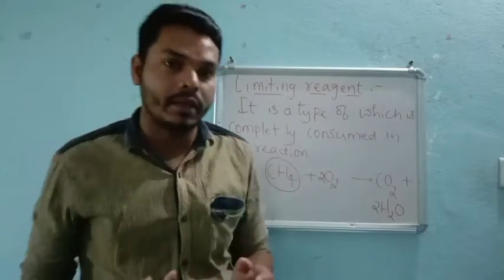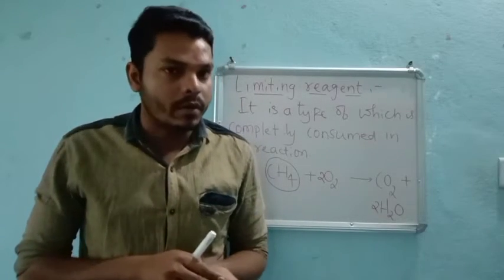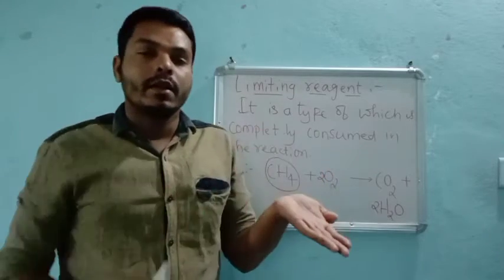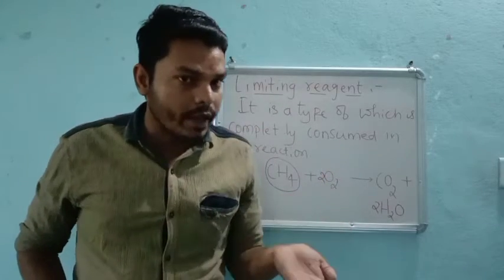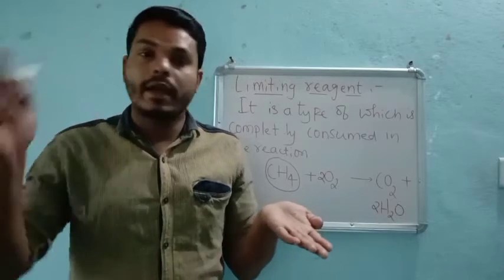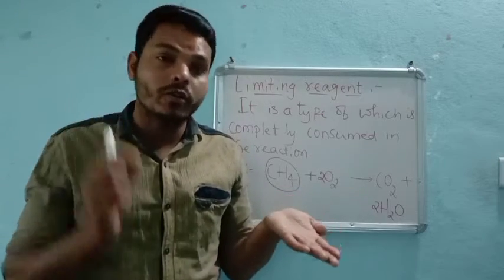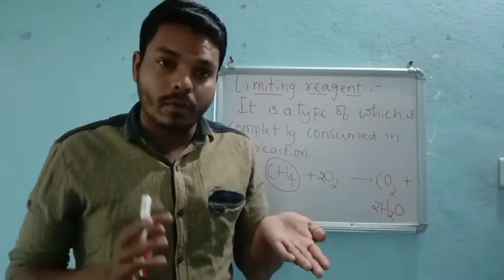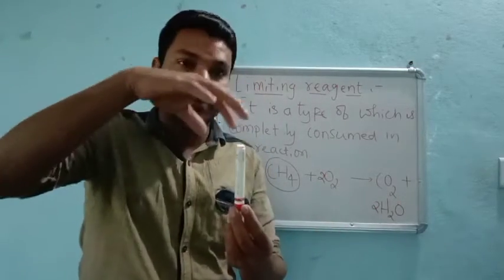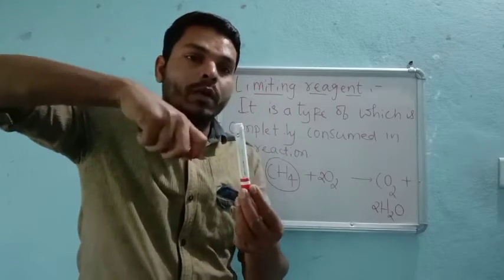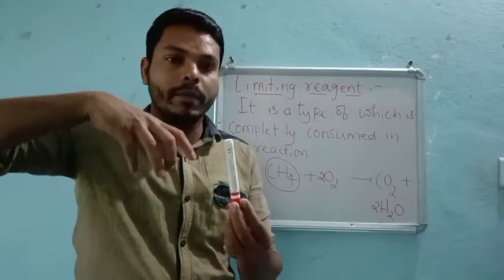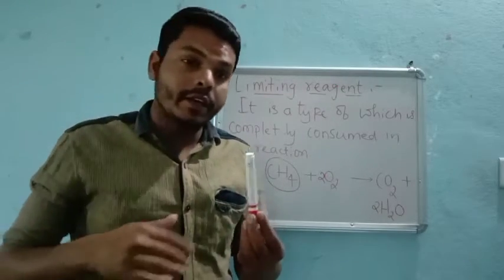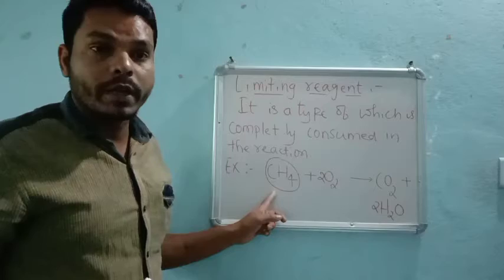See, I am just taking a methane molecule and exposing it into the air. Then definitely in the air, more oxygen molecules should be there. They will surround this methane molecule, so methane is completely consumed in the reaction.